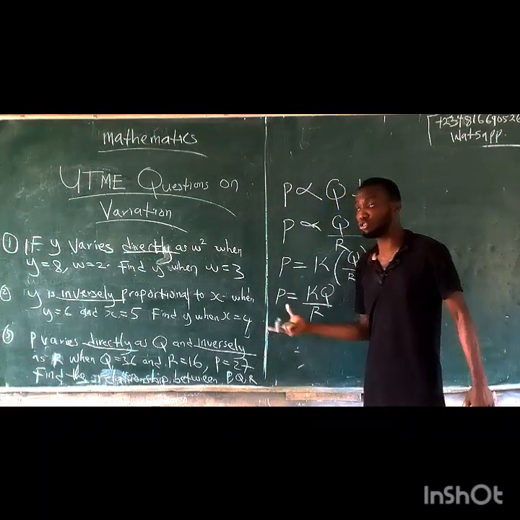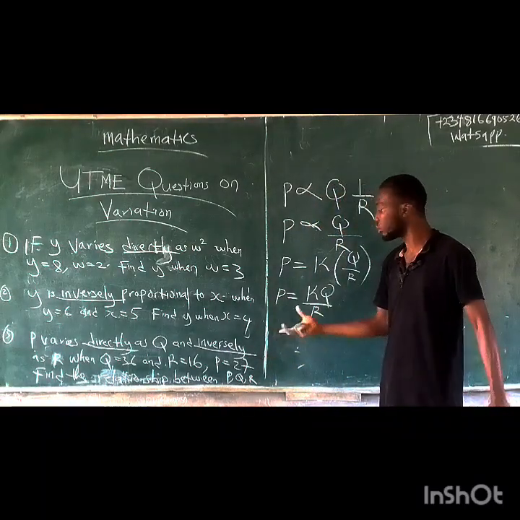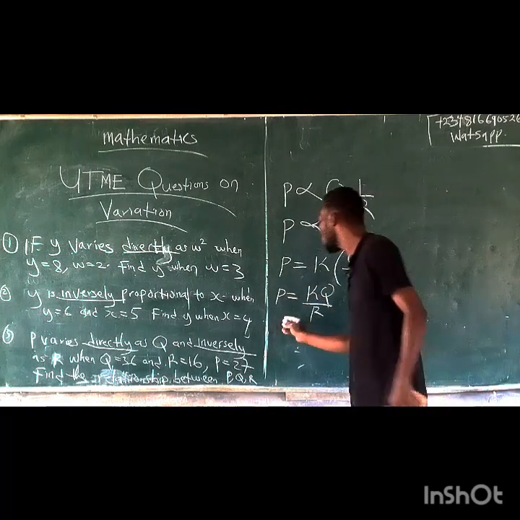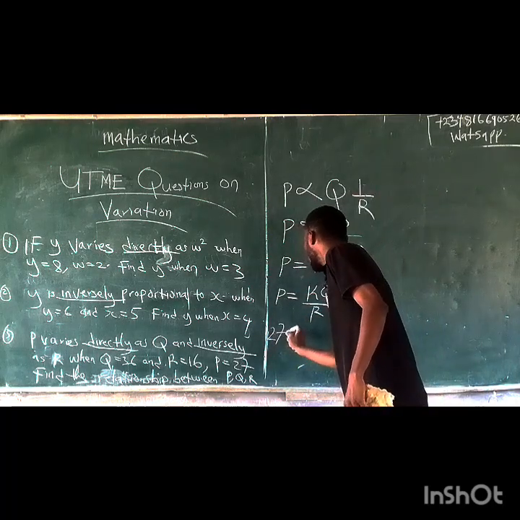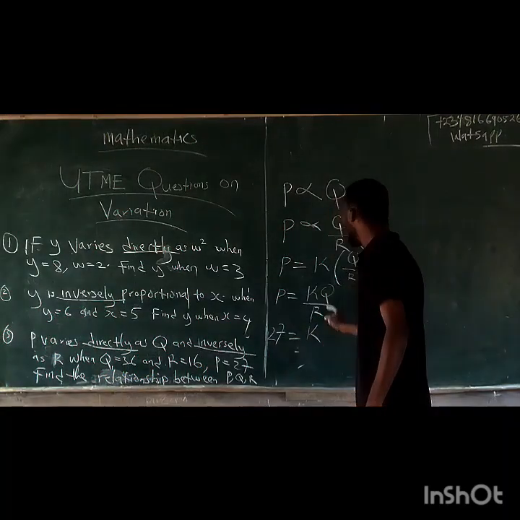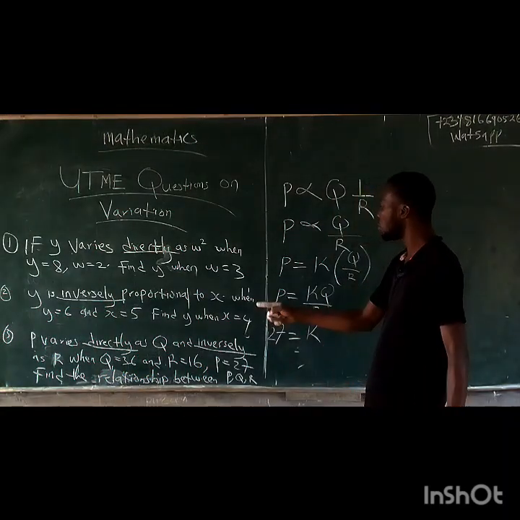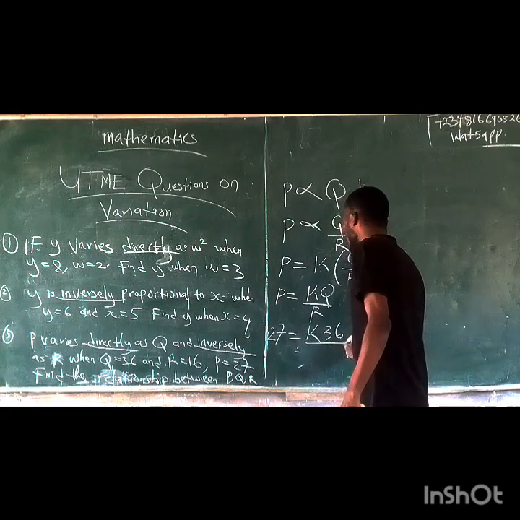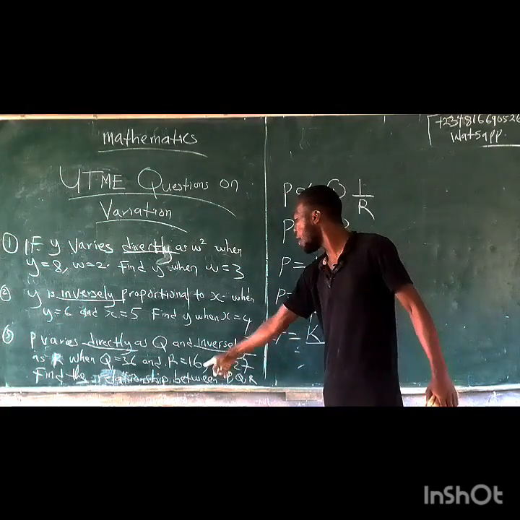So I'm going to substitute those alphabets with the values. P is 27, so I'm going to write 27. K, which is unknown, is still there. Now, what is my Q? From the question, my Q is 36 over, and my R is 16.